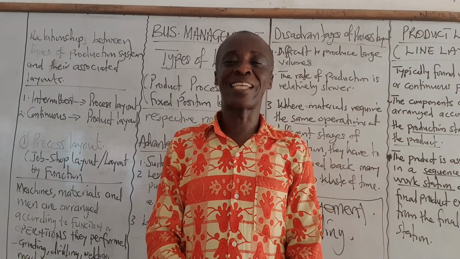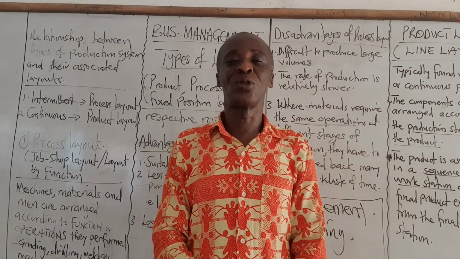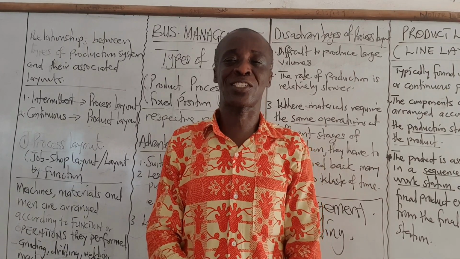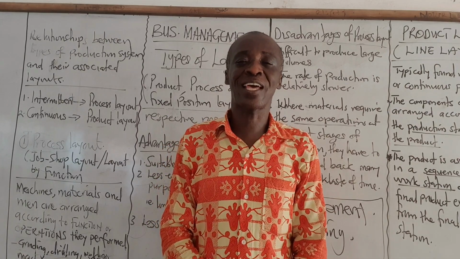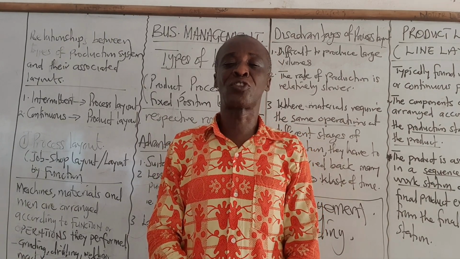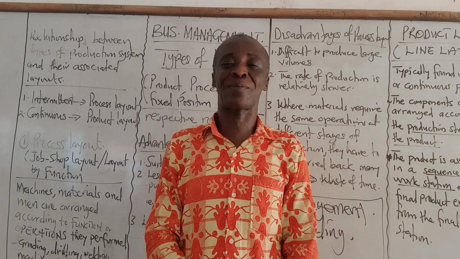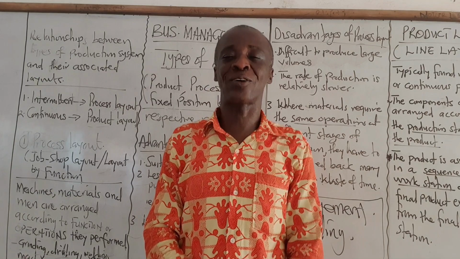We look at intermittent production system, and then we also look at continuous production system. We said there is a relationship between the production system that you are using, and then the layout.